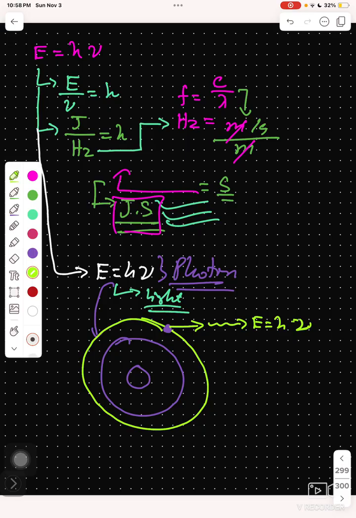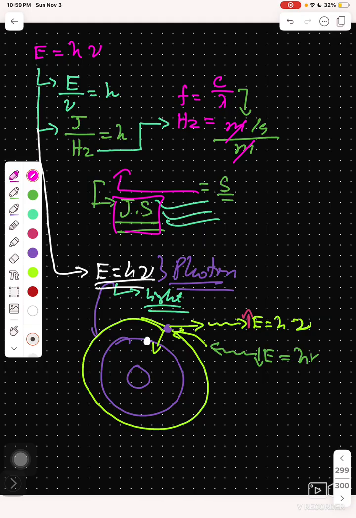When energy comes in, it is absorbed by the electron, and it moves to the other level. So this is also where E equals hv is formed.